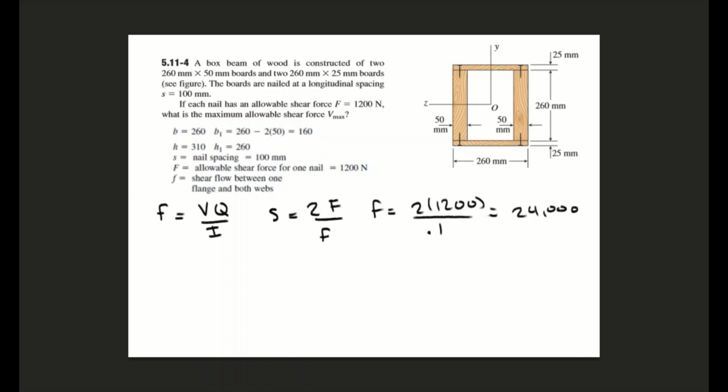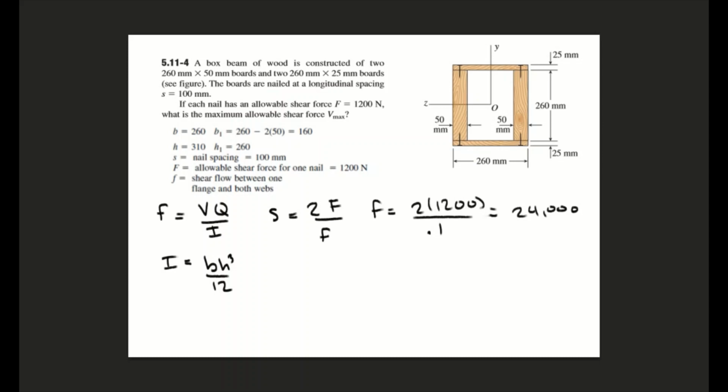From there, we're going to say inertia, that formula is going to be base times height cubed over 12, because we're dealing with a rectangle. You can find all these values for inertias in the back of your book.